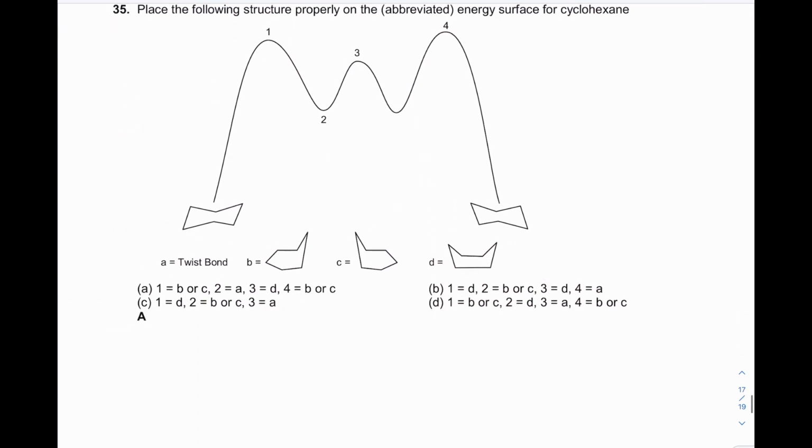Next, place the following structures properly. The peaks are the highest energy state, which will be half chair. Half chair is both B and C, so first and fourth are B and C. Second, this one and this one, they are the most stable form, that is chair form.